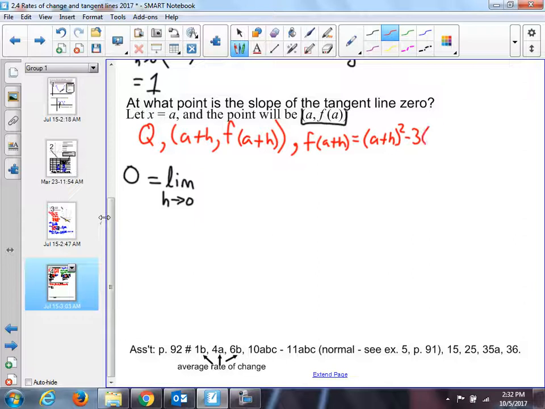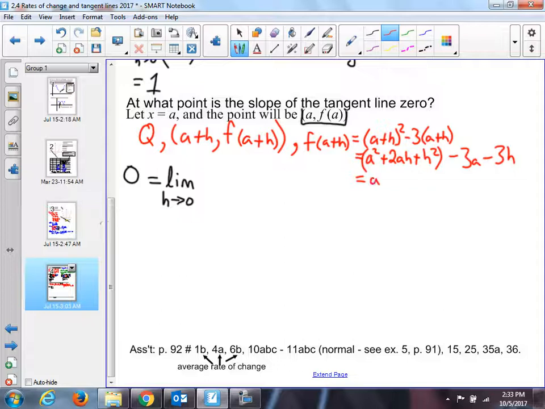That's why I keep sliding up to check that. So this is equal to a squared plus 2ah plus h squared. That's from the first part. I'll just put that in brackets so you know where it's from. Minus 3a minus 3h. If I collect like terms right here, then we'll know what to put into this function.